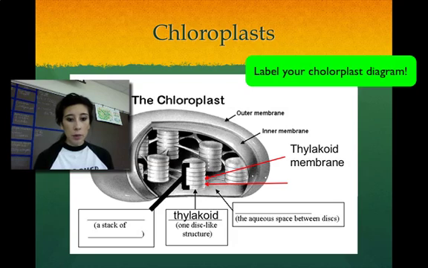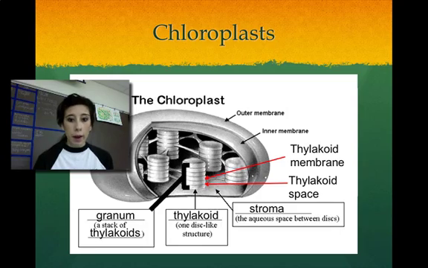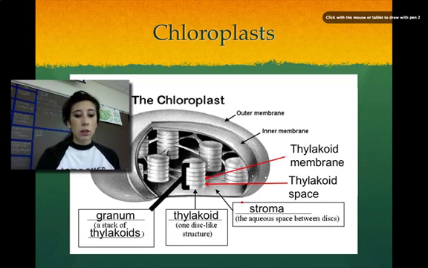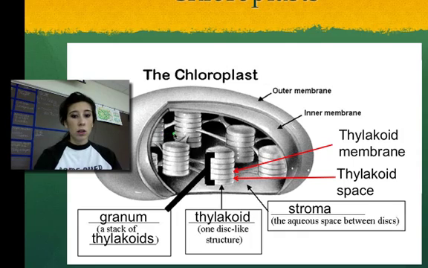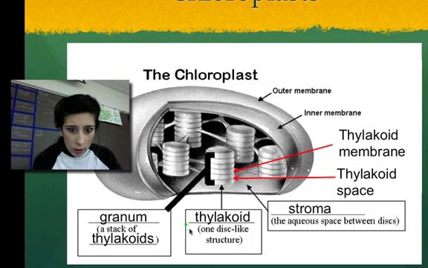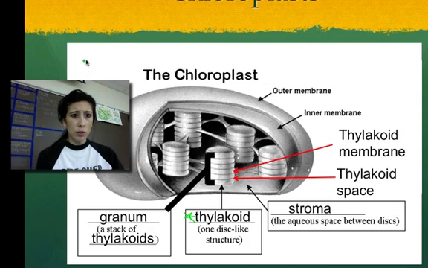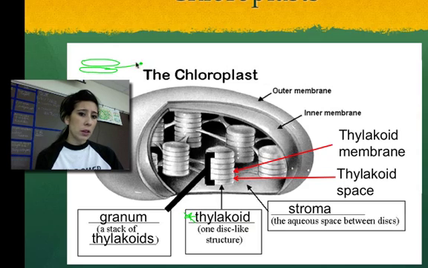So we could see here, you can label your diagram that you have. To break it down, use a green pen. You've got right here one disc called the thylakoid, and on the disc itself is a membrane, and then if I have two discs stacked together, the space in here is simply called the thylakoid space.